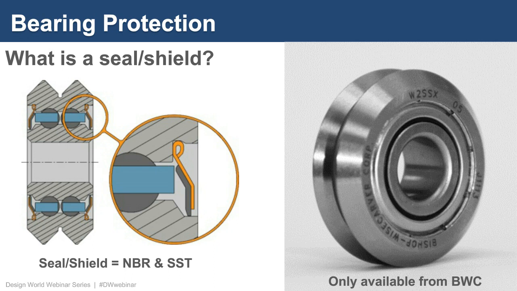This provides the best of both worlds. It can take hot sparks, large particles, impacts, and also reasonable temperature ranges, while the rubber seal on the inside can accommodate small particles. And so this has advantages for basically overlapping both of those technologies into a single package.